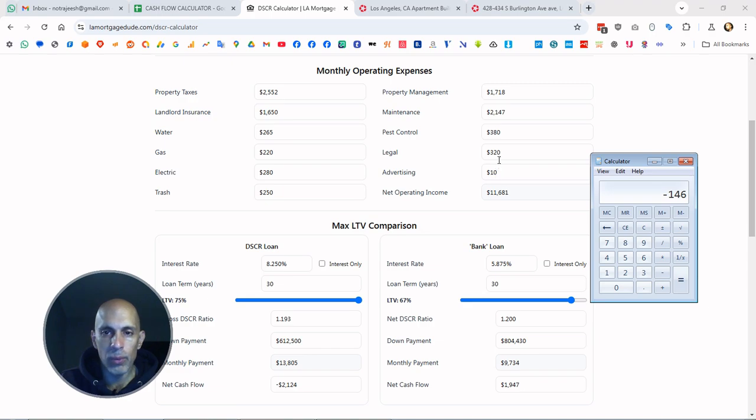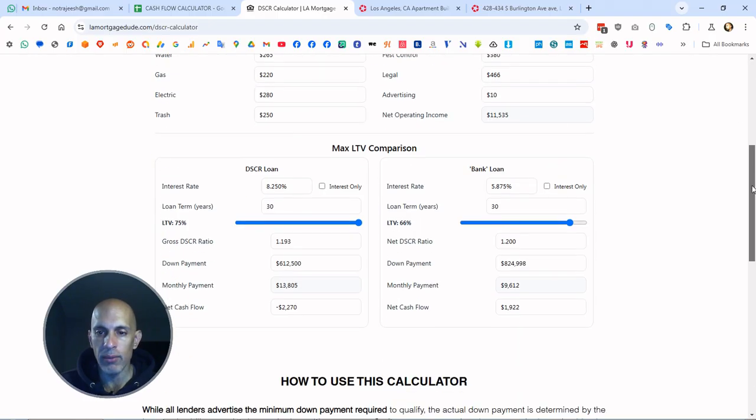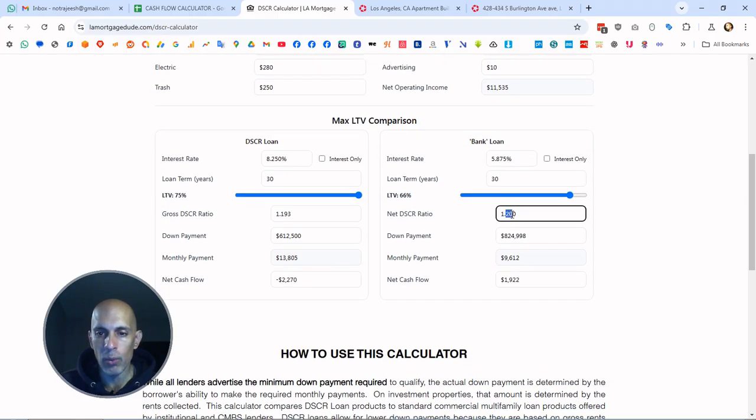Where would I likely spend that? 146 plus 320 is 466. And now we're at a net operating income. So basically I just randomly added up these numbers just to ensure that the total net operating income shows 11,535. And now I can go to work.